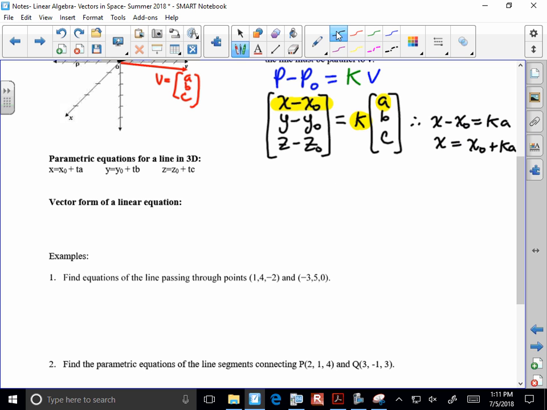Vector form would be x, y, z equals x sub o plus t a, y sub o plus t b, z sub o plus t c.